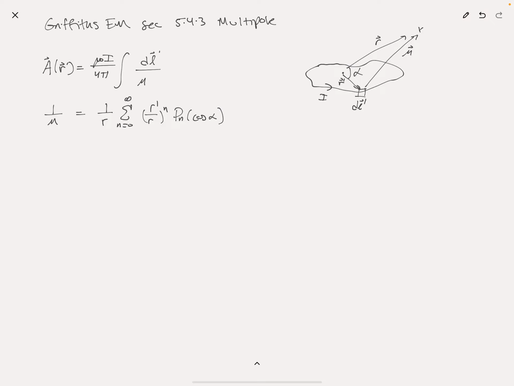So I guess so far this is not an approximation. This is exact. You have all infinite Legendre polynomials. But we can go ahead and write out the first couple terms in a nice grouping.